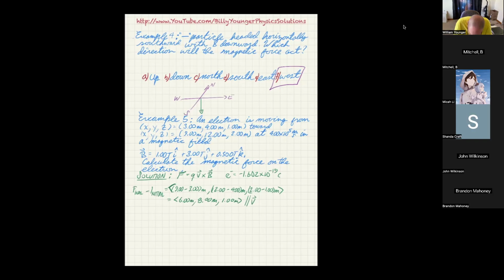So this vector Fi has a magnitude equal to the square root of 36.00, or excuse me, that's already been squared, meters squared plus 64.00 meters squared plus 1.00 meters squared.